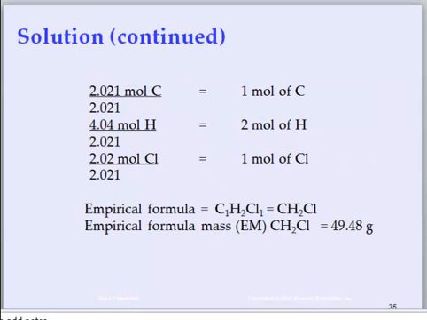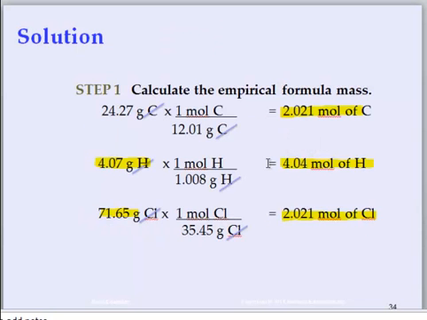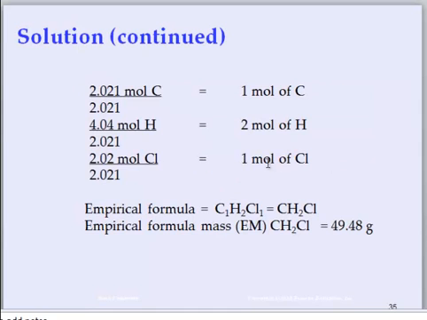Once we have the moles, we divide by the lowest number of moles. The lowest in this case is 2.02, so we divide each of them by 2.02, and we get 1 mole of carbon, 2 moles of hydrogen, and 1 mole of chlorine.